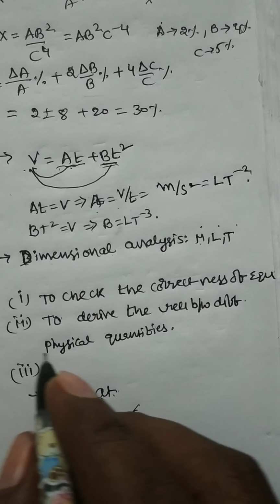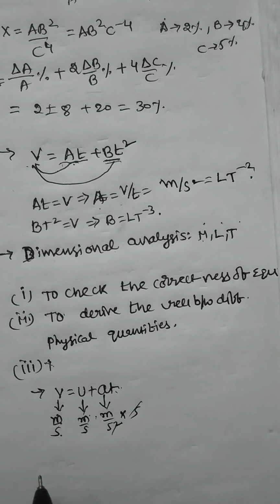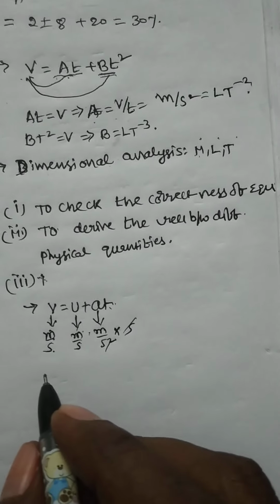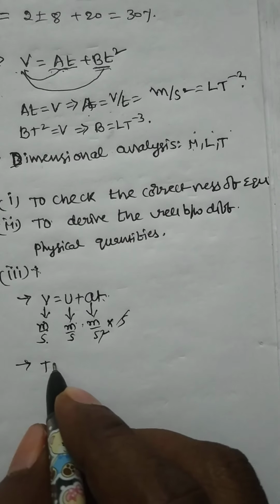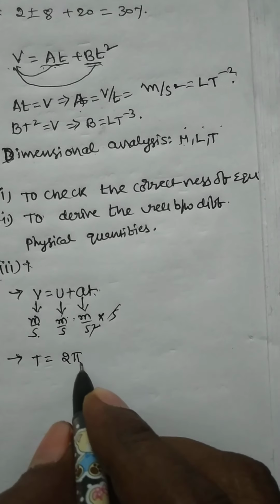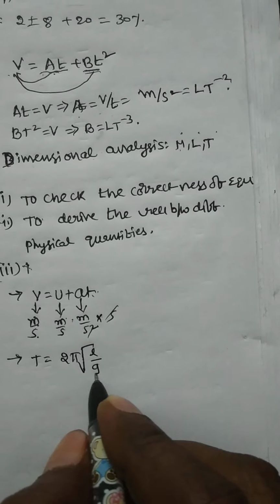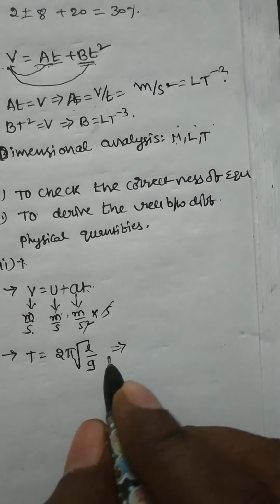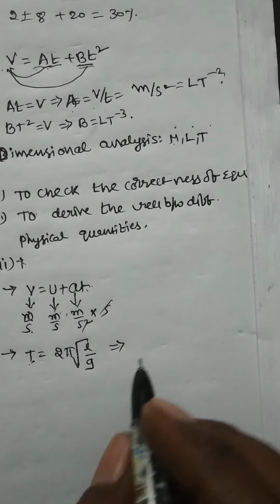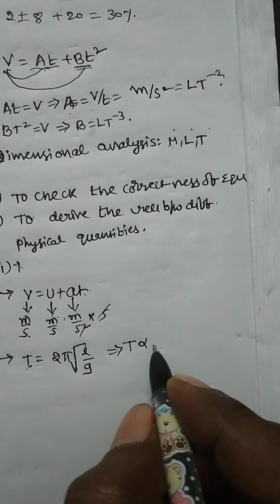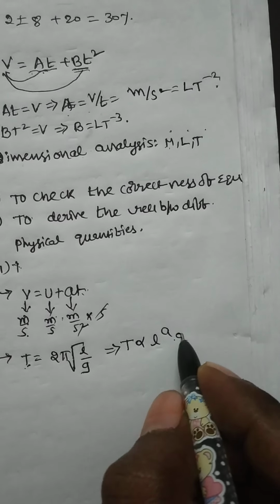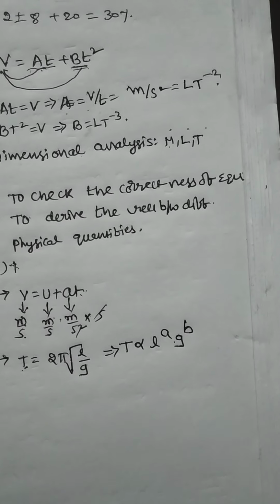Okay. The second one is to derive the relation between different physical quantities. For example, I want to find out the relation between time period, length and acceleration due to gravity. That means this time period depends on the length and acceleration due to gravity.